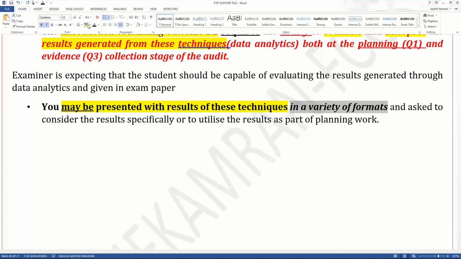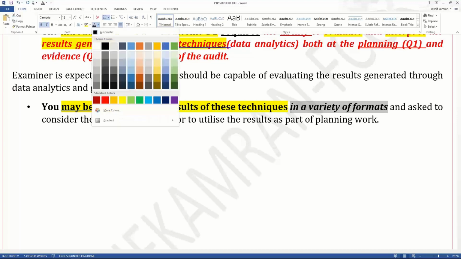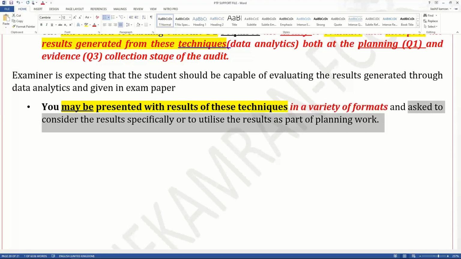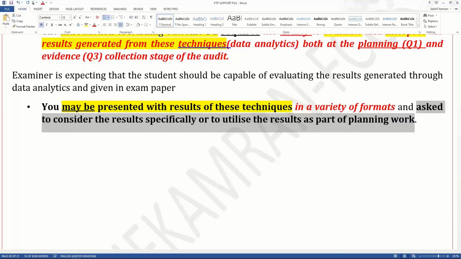So will you get the results in a variety of formats? Is that important? You will get results of data analytics in a variety of formats and be asked to consider the results. And you will be asked to consider results specifically, or to utilize these results as part of the planning work. Is the examiner saying this as part of question number 3? Or is the examiner specifically saying as part of question number 1, in bullet number 3?